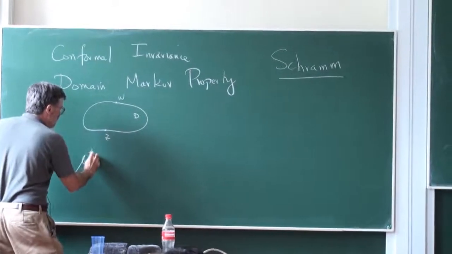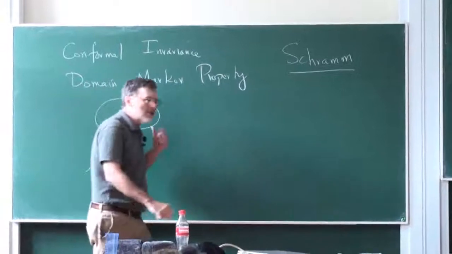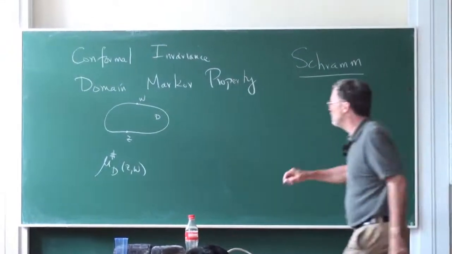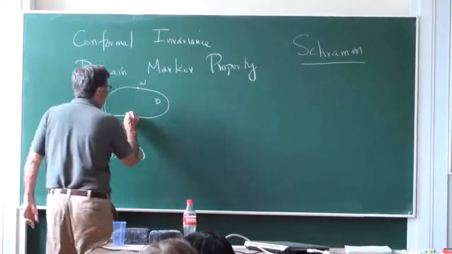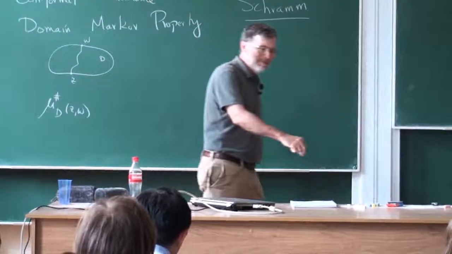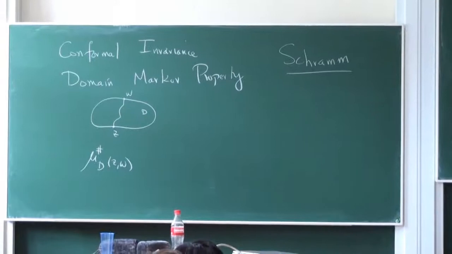I'll call this mu sharp D z w. The sharp indicates that I'm doing a probability measure, in this case a probability measure on paths from z to w in D. Right now, we'll think of those being simple paths, non-intersecting paths.